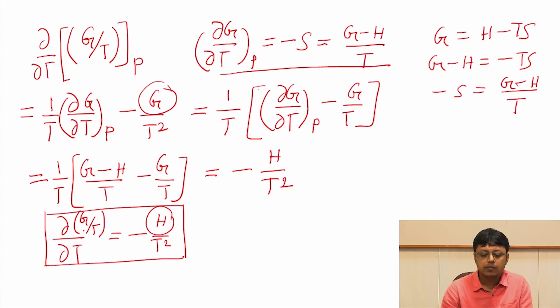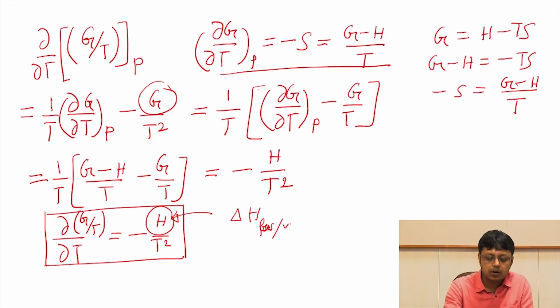For example, if we are considering a vaporization of water, then the associated heat change will be nothing but, since it is at constant pressure, Q_P will be equivalent to H. Instead of H of the fusion, what we need now is delta H of, say, fusion or vaporization or sublimation, whichever process it is. So how do you write it in terms of delta H?